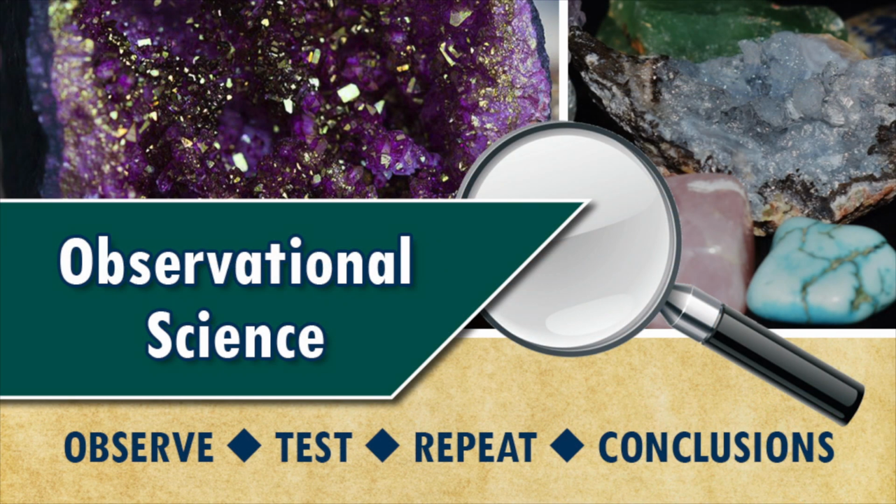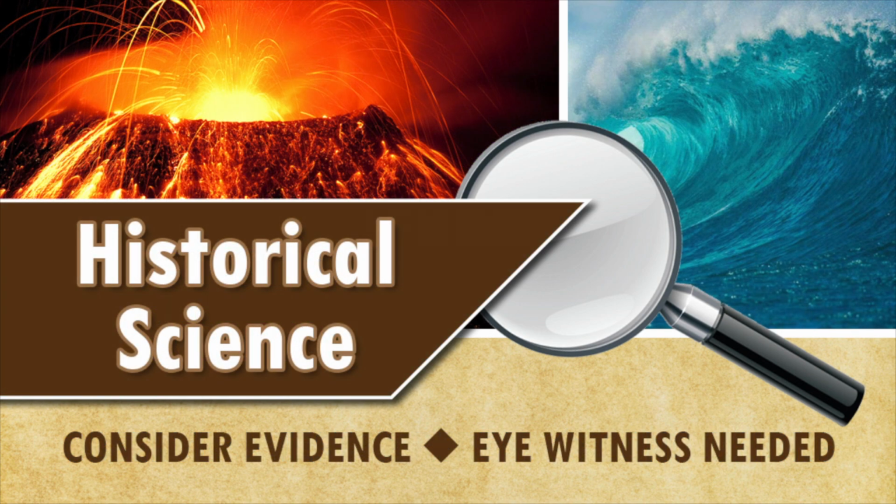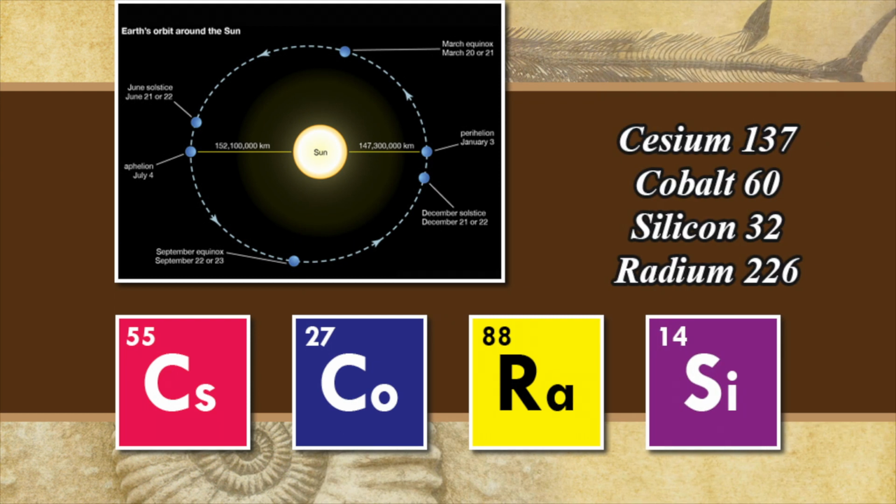A scientist can observe and study the decay rate of the elements inside the rock using observational science. But a good scientist cannot use his test results as proof that a rock is millions of years old. As of the year 2015, observational science has discovered at least 4 elements that do not have a consistent rate of decay.